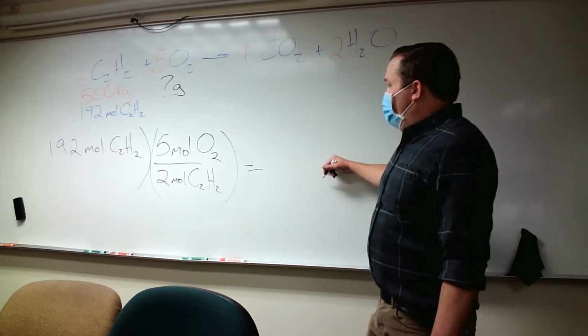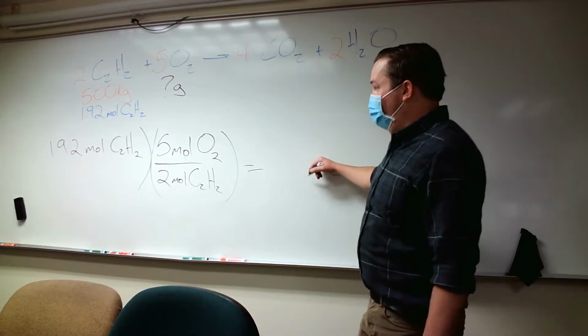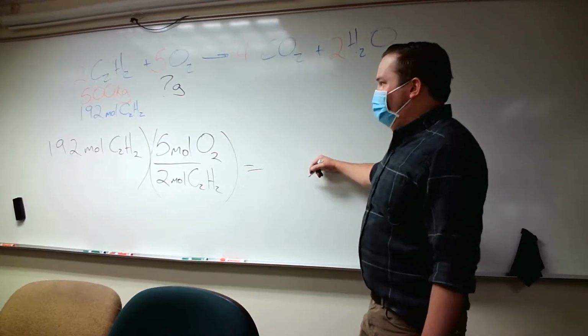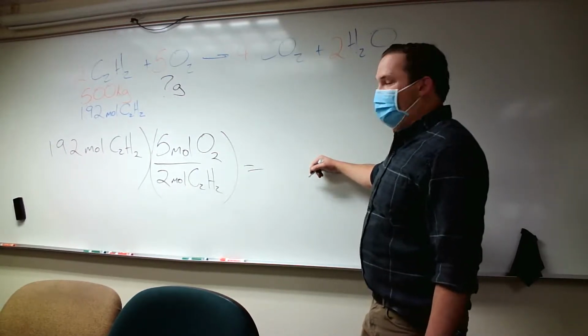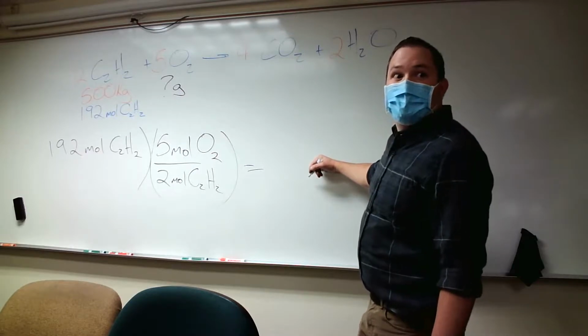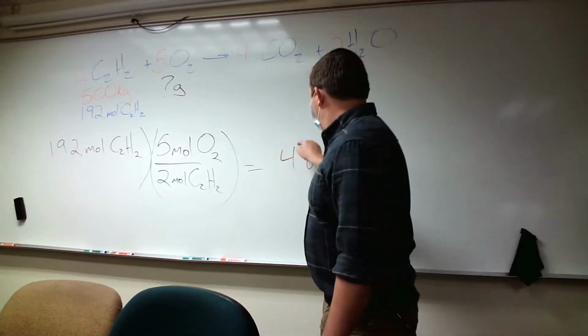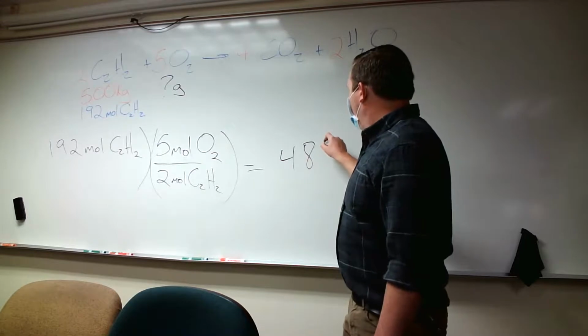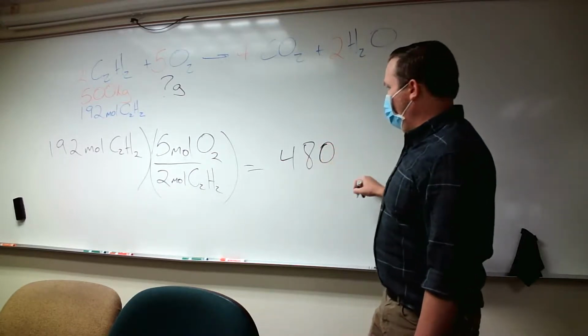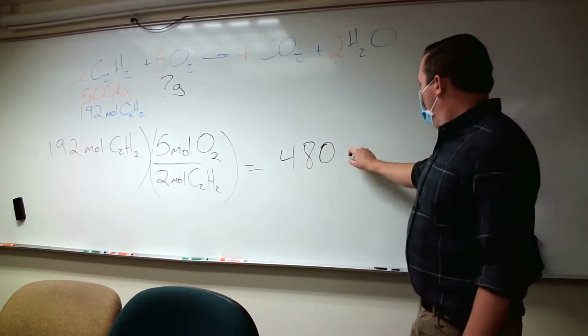So that's going to be arithmetic. 2.5 times 192. So something around 500. 480. 480 even? Yeah. Okay, so for 3 sig figs, we'll do that.